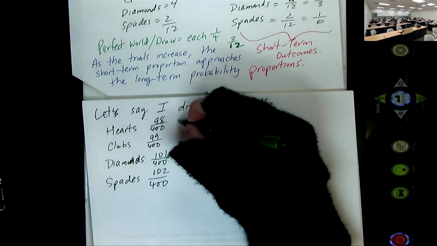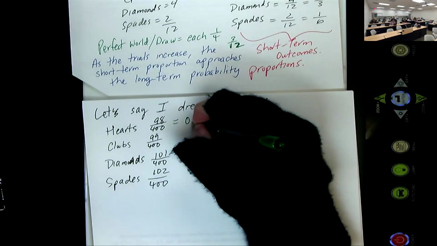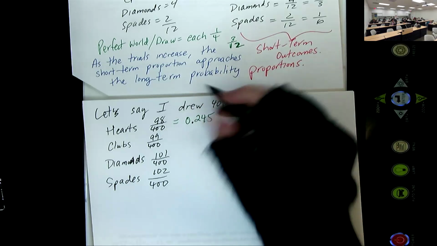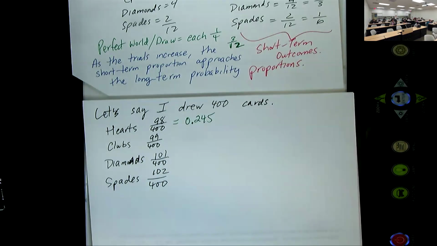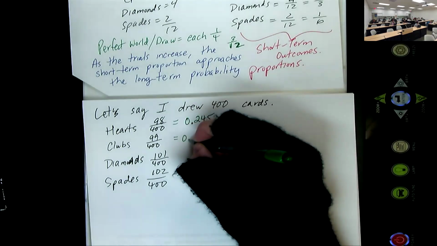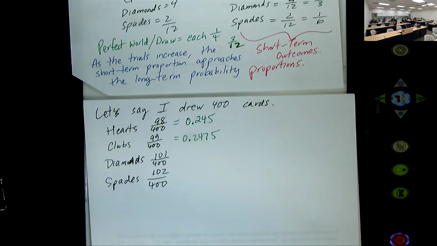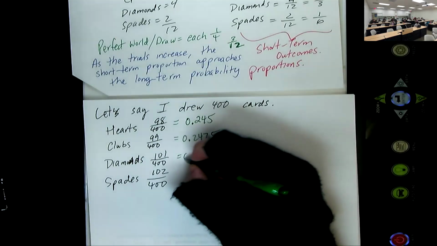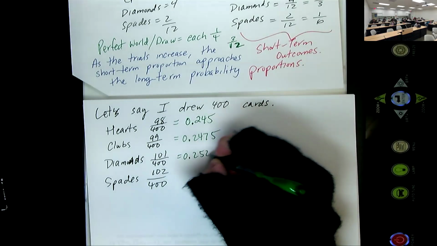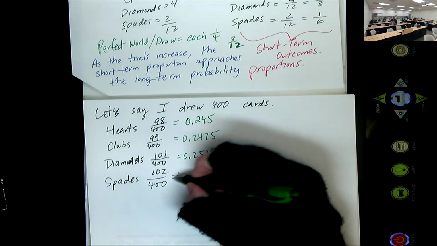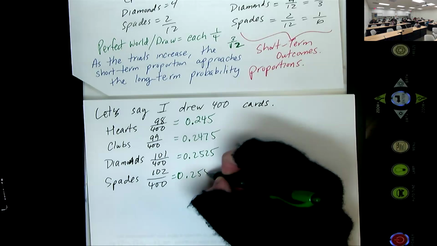If I do 98 divided by 400 in a calculator, I get 0.245. That is 0.2475. This is 0.2525. And this is 0.255.